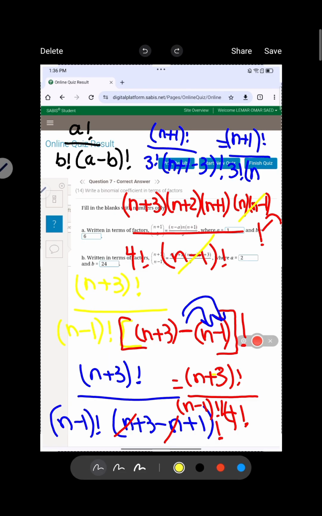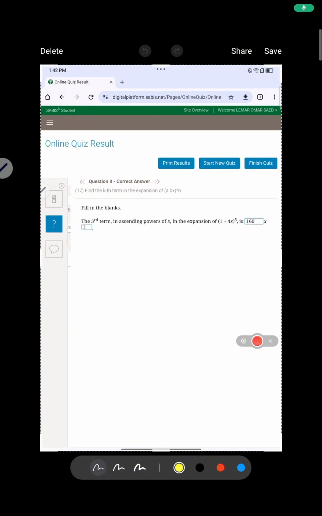Cancel. Then here 4 factorial is basically 24. Okay. And you just look where the missing one is. So you have n plus 3, n plus 1, you have n, but you don't have n plus 2, so you put it here.